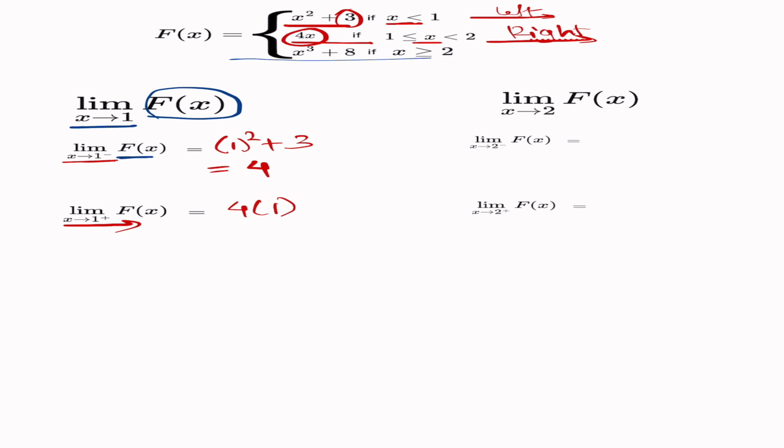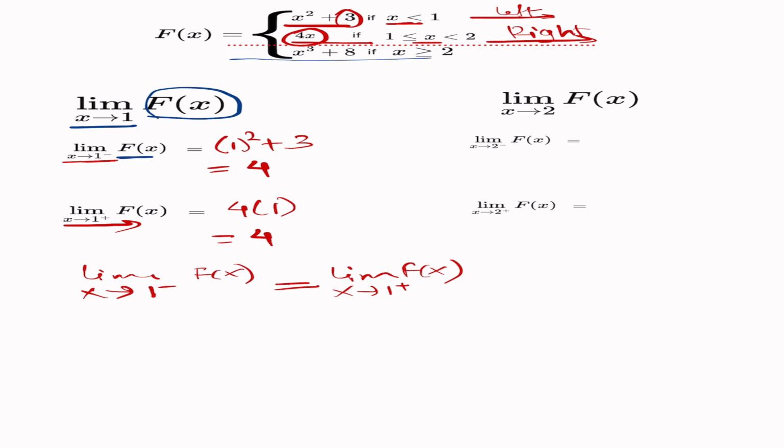This is the function. So we get 4 times 1, which is simply 4. So x approaching to 1 from left side for f of x has the same value as x approaching to 1 from right side for f of x. So this function exists and this is 4.